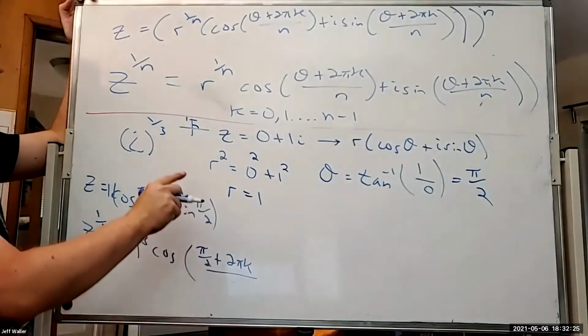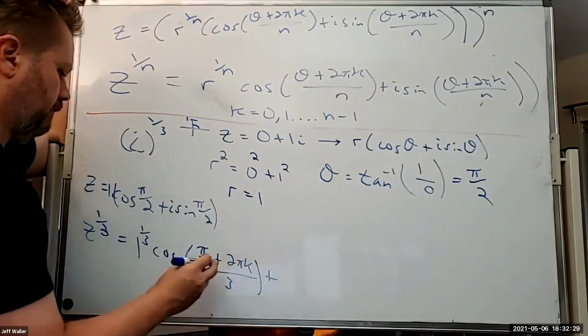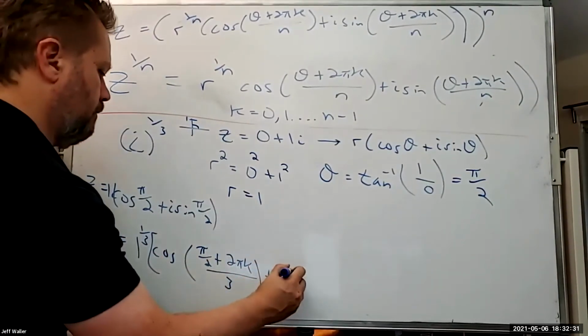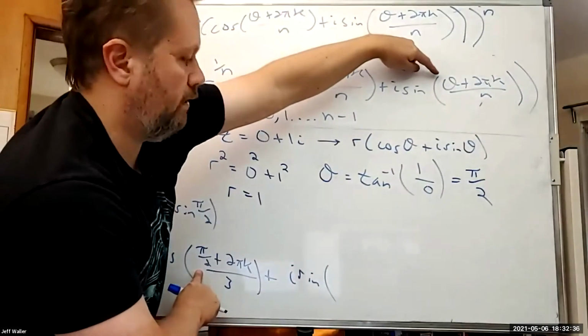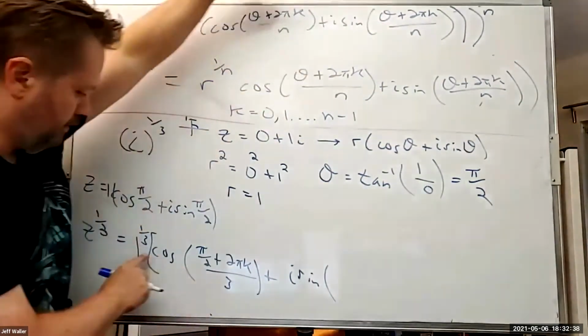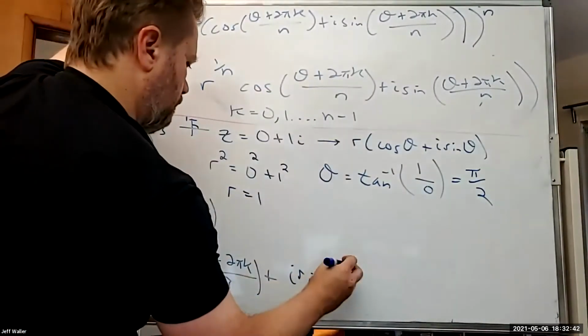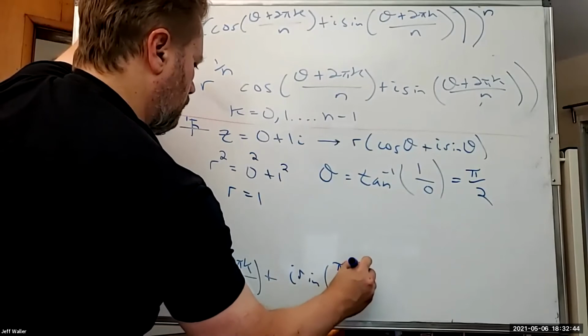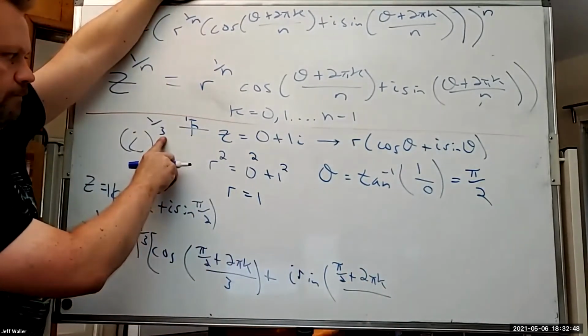What's n? n is 3. Plus i sine of the same thing. Everybody with me? I'm just plugging in here. Theta is pi over 2 plus 2 pi k, and n is 3.